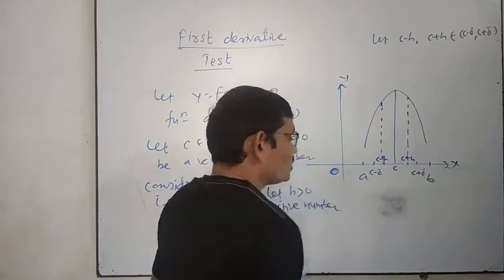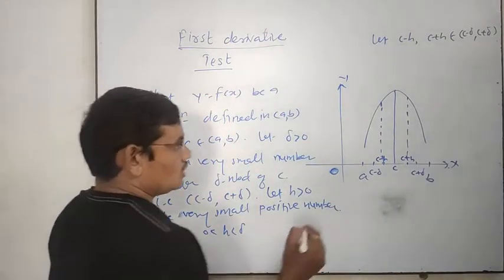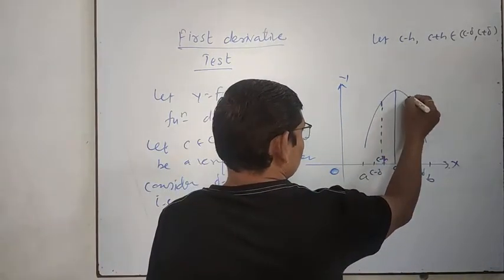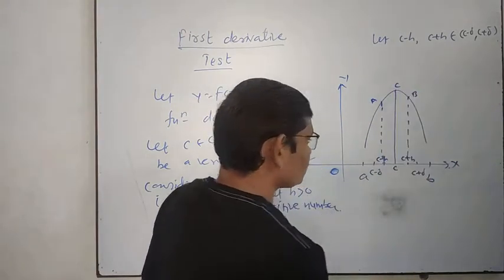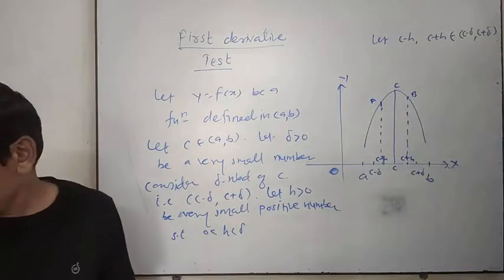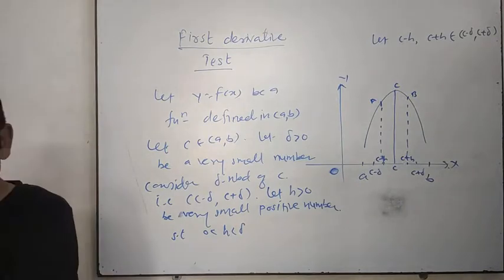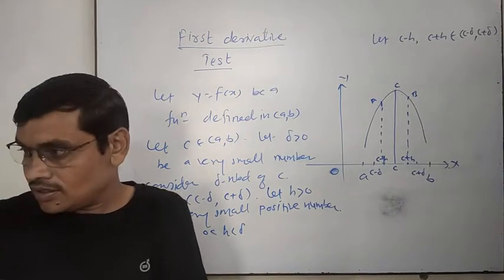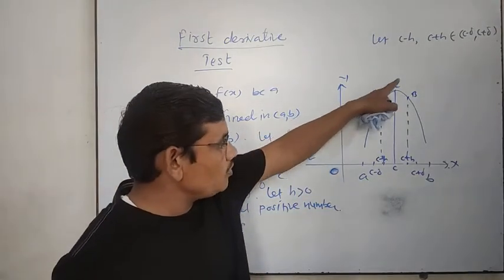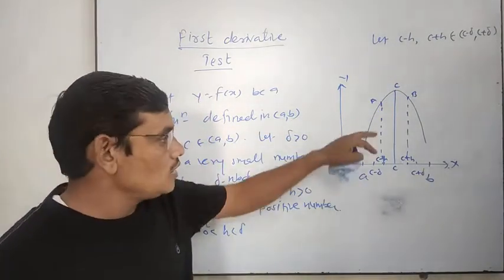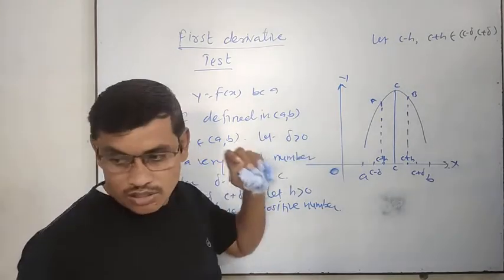So these are 2 points. We consider these are points A, B and C. Now we draw the tangents at points A, B, C to this curve.